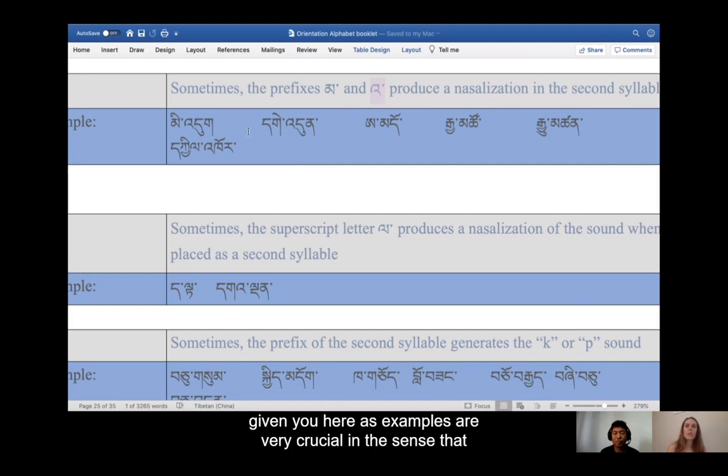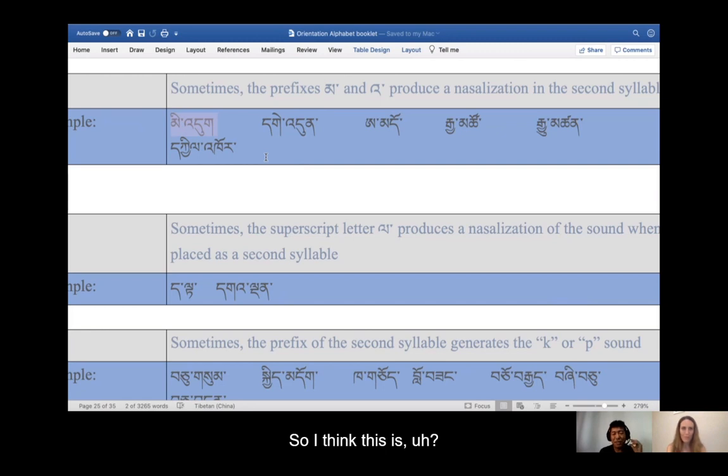So some of these words that we've given you here as examples are very crucial in the sense that they are very common in conversation and that you will hear them a lot. So it's important to really memorize them, in case at first you're still struggling with identifying all the different elements. The first one, for example, is one that you will hear all the time, every day, and you will actually learn to say it a lot. So it's good to memorize it well from the beginning. So now back to you, Genla.